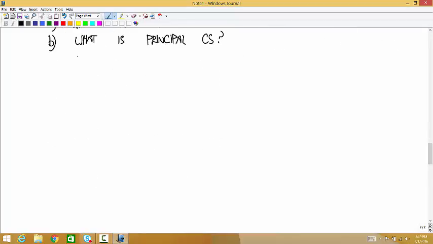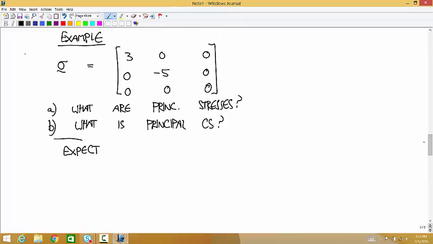So we expect to get, and people usually talk about these as sigma 1 is the maximum. Sigma 2 is the middle one. Sigma 3 is the minimum. Isn't sigma 3 the negative 5? Yeah.